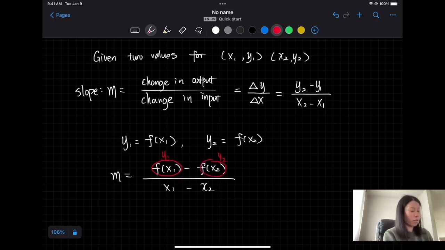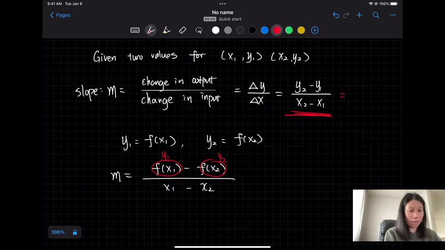Now you may ask, why sometimes you have y1 in the front and sometimes you have y2 in the front? They are the same, because if you manipulate them a little bit, you will end up with the same result. Let's take a look.